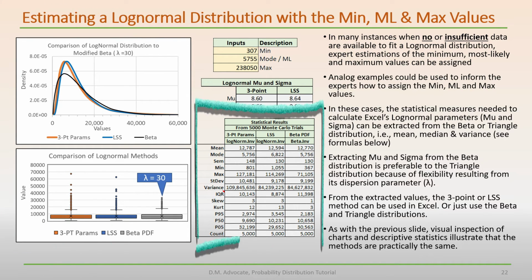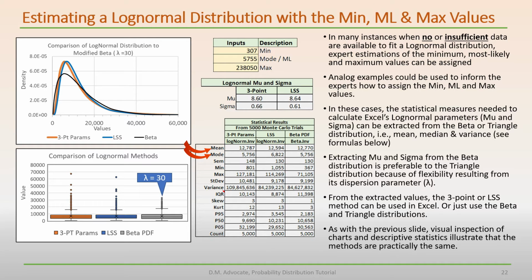The resulting table supports this finding. The mean, the mode, and the P50 or median are similar, as is the interquartile range. Some disparity in the min and the max values is noted, but this can vary from simulation to simulation.